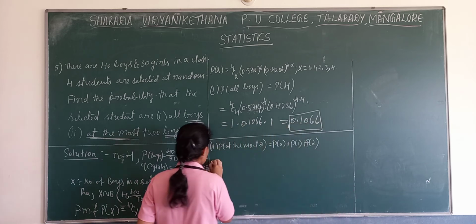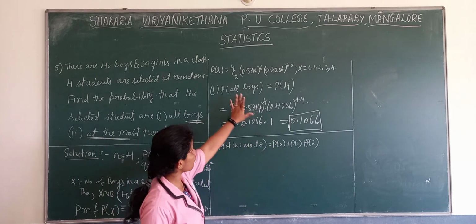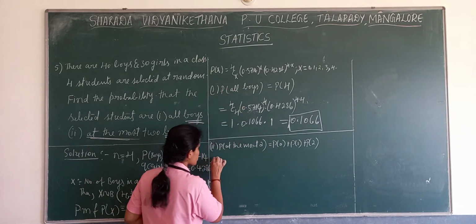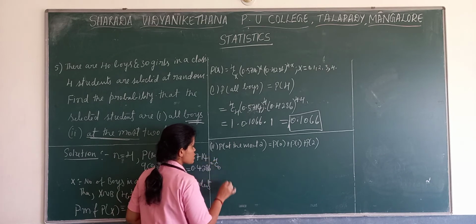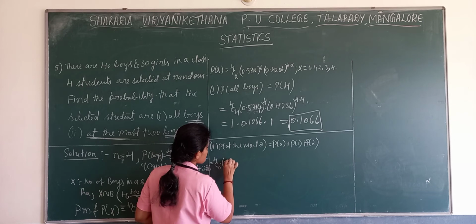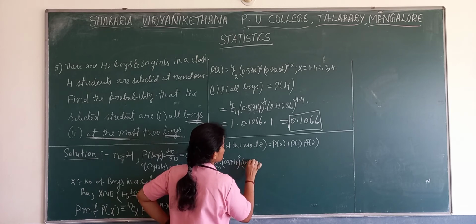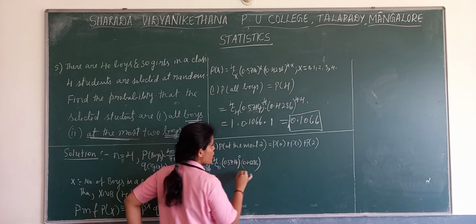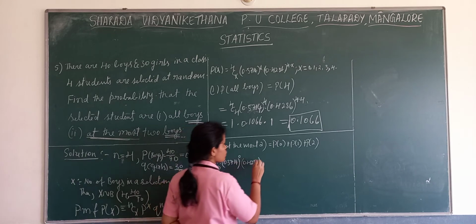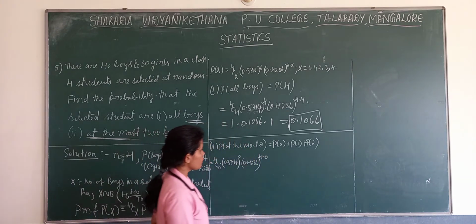Now we write it is equal to, first we will write for P of 0, the same equation: 4C0 into 0.3714 to the power 0, then Q value 0.4286 to the power 4 minus 0, plus.